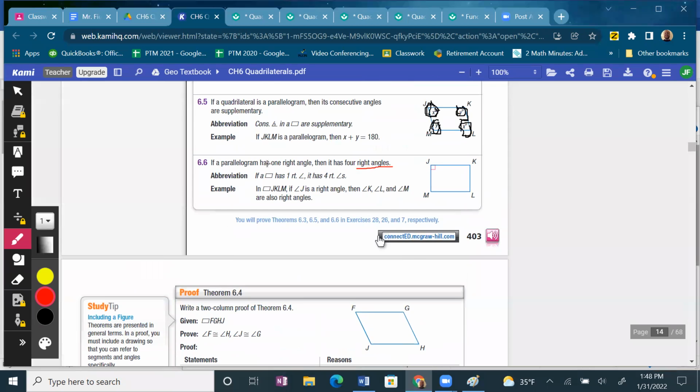If a parallelogram has one right angle, then it has 4 right angles. Well, now that we're talking about rectangles, we can say it is a rectangle.